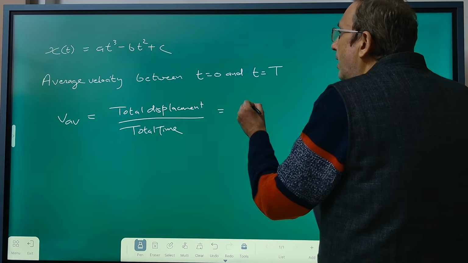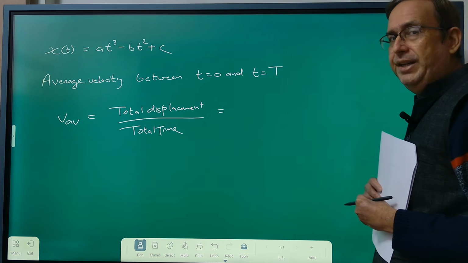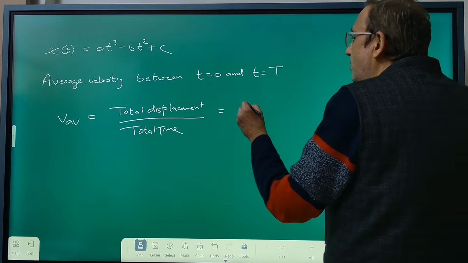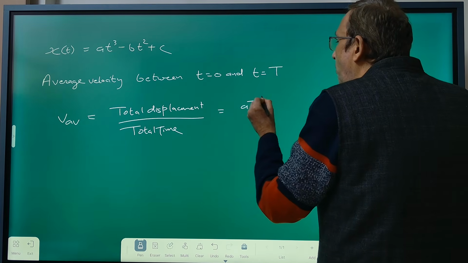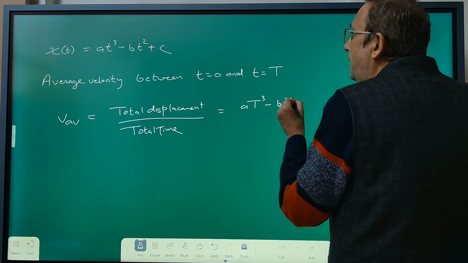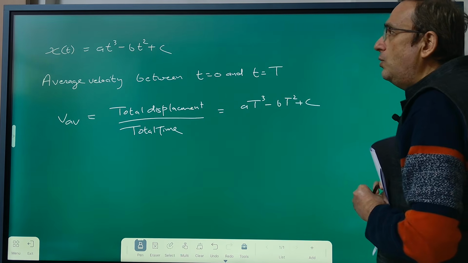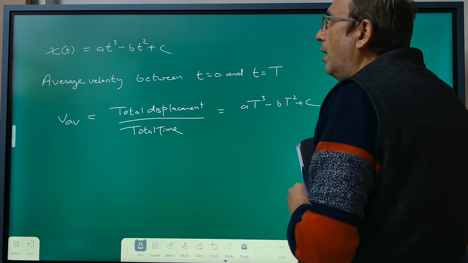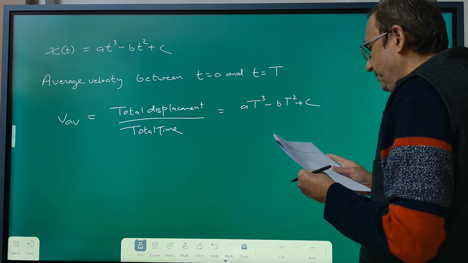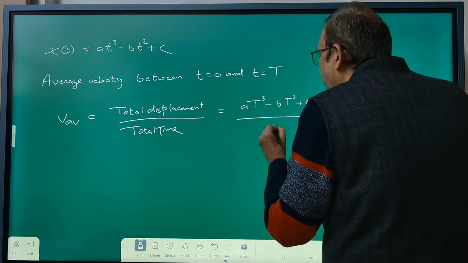It is simply the value of the displacement at x is equal to capital T. So it is equal to a times t cube minus b times t square plus c. That is the total displacement. And then of course you divide it by the total time, which is T.